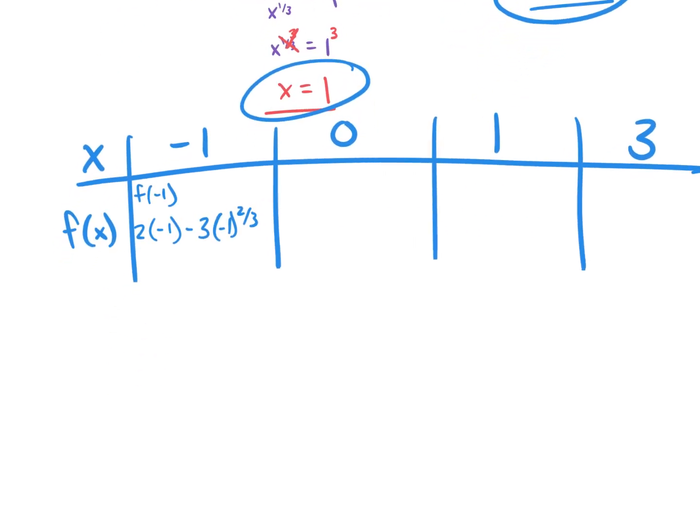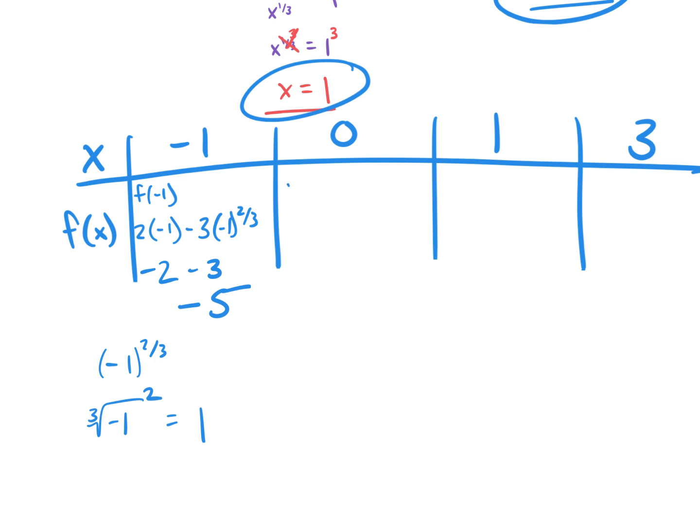So 2 times -1 would be -2. -1 to the 2/3 power is like saying the cubed root of -1 squared. What's the cubed root of -1? And -1 squared? 1. Perfect. So this would be -3 times 1, which would just be -3. -2 minus 3, -5.